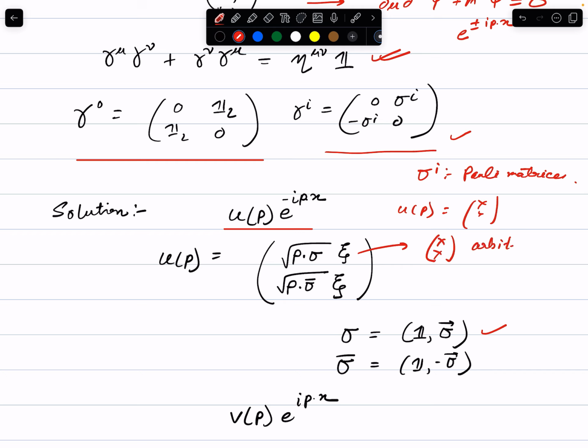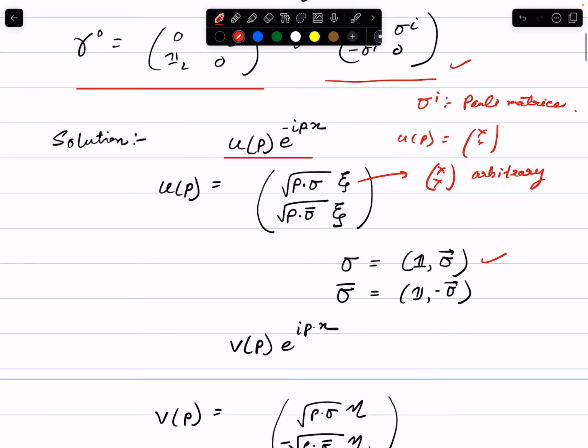So the solution of the Dirac equation is this, where you can fix this xi. You can put any value of the xi and it will still satisfy the Dirac equation. These 2 xi's are the same, but you get to choose any xi.